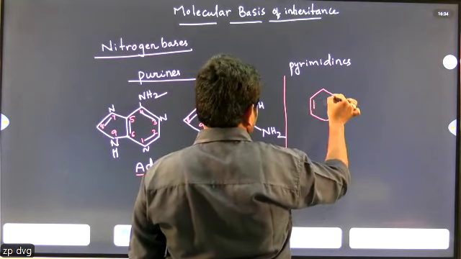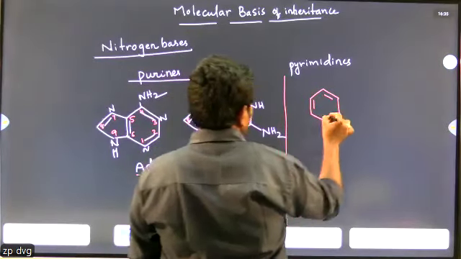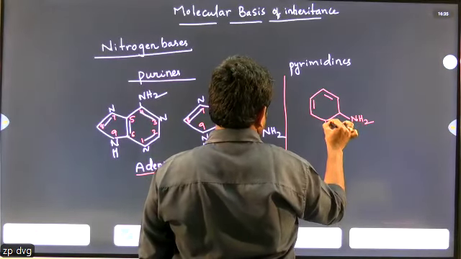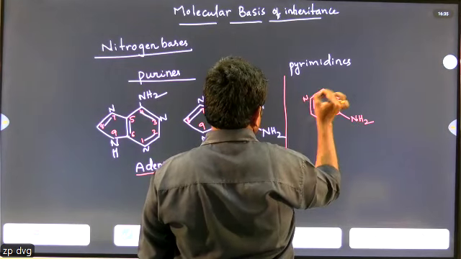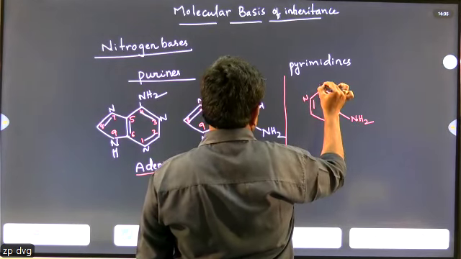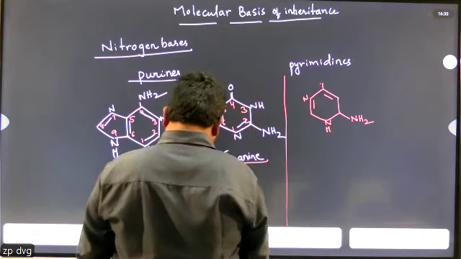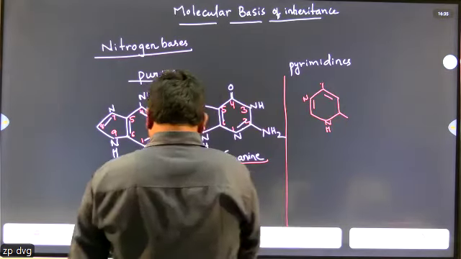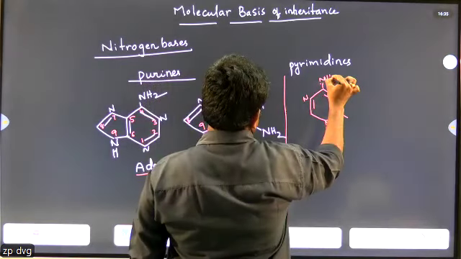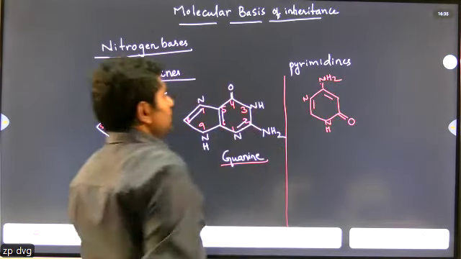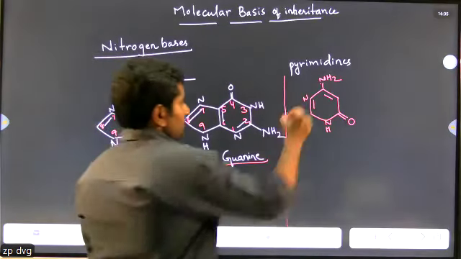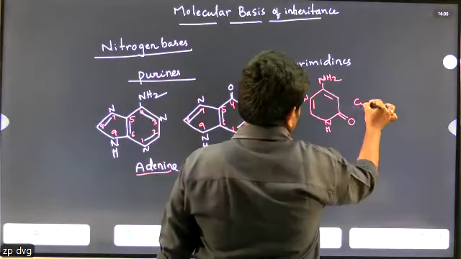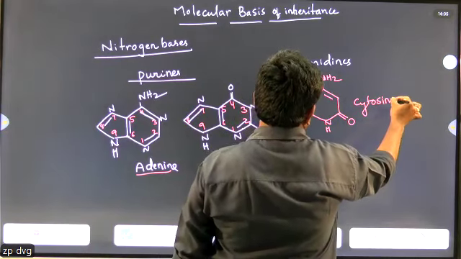In this place NH2, and this is NH, and this is N. This is NH2 and this is double bond O. So this is cytosine. Cytosine is a pyrimidine.